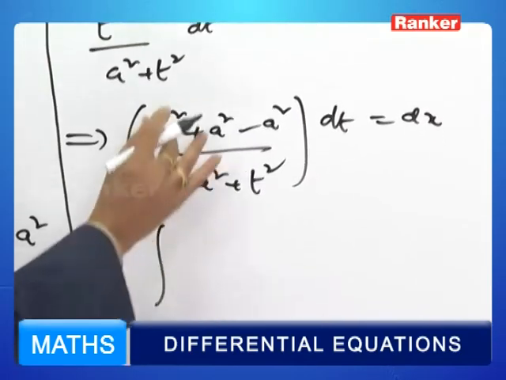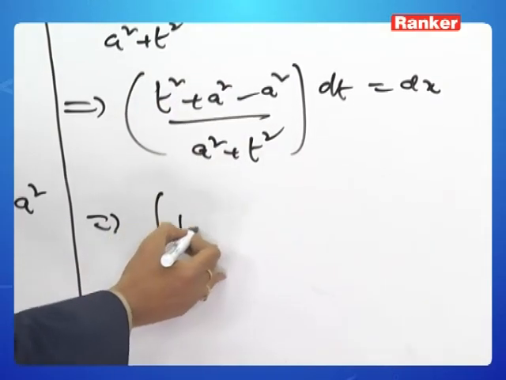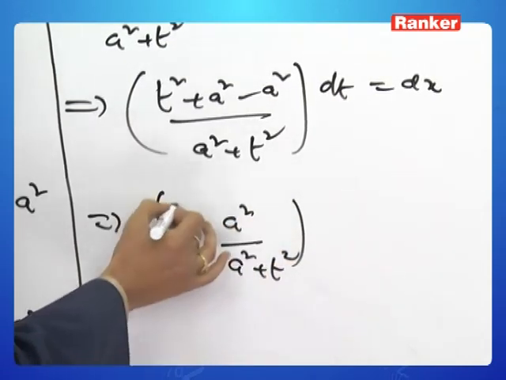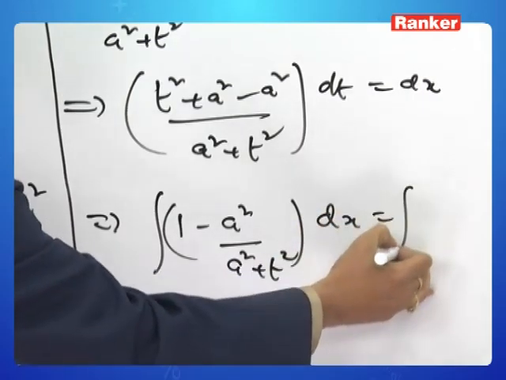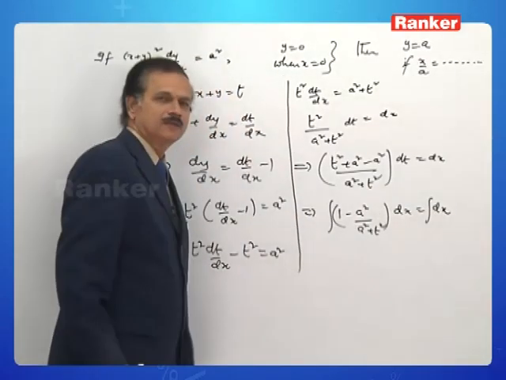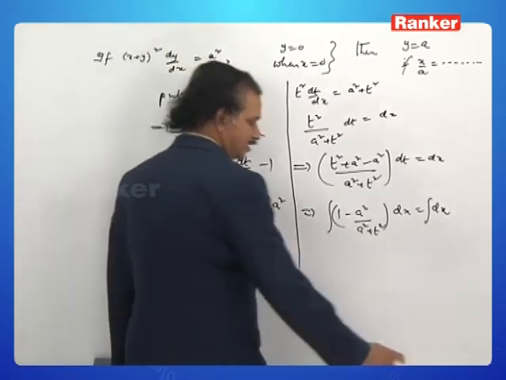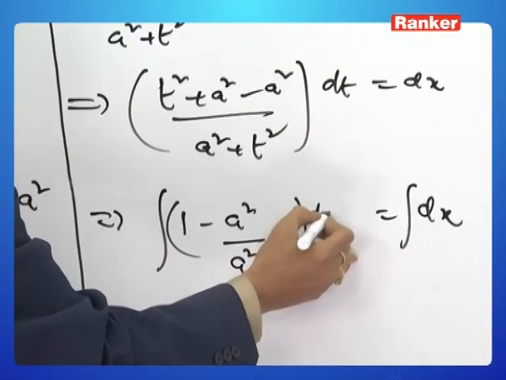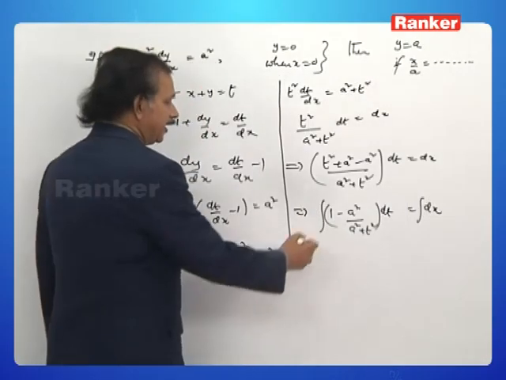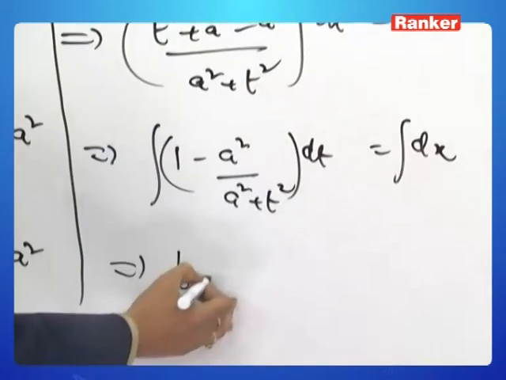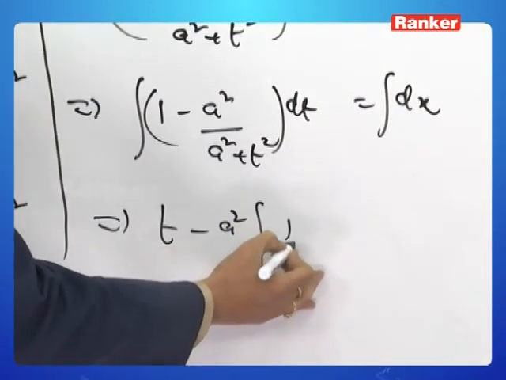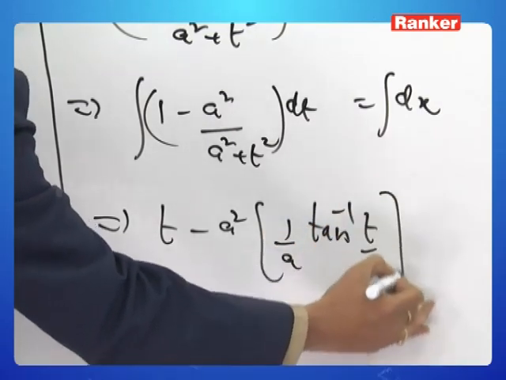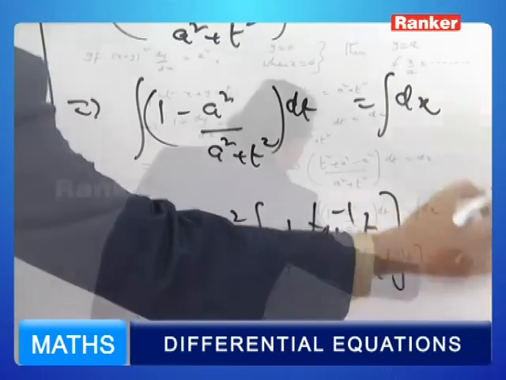Implies (t square plus a square) by (t square plus a square) is 1, minus a square by (a square plus t square) dt is equal to integral of dx. Just a minute, it is dt but not dx. Integral of 1 dt is t, minus a square into 1 by a tan inverse t by a, is equal to x plus c.